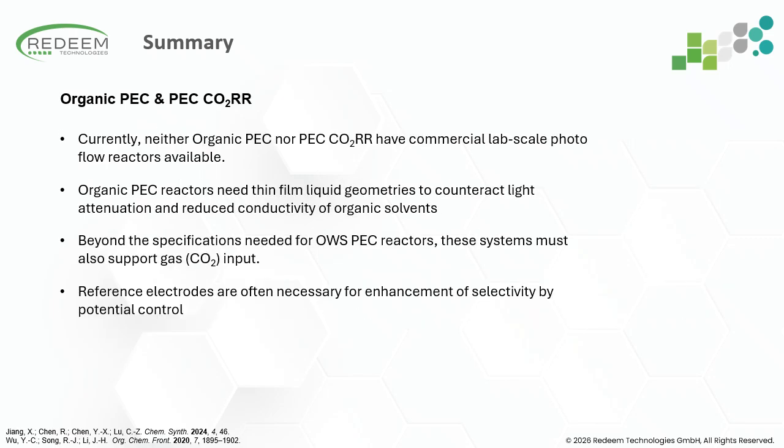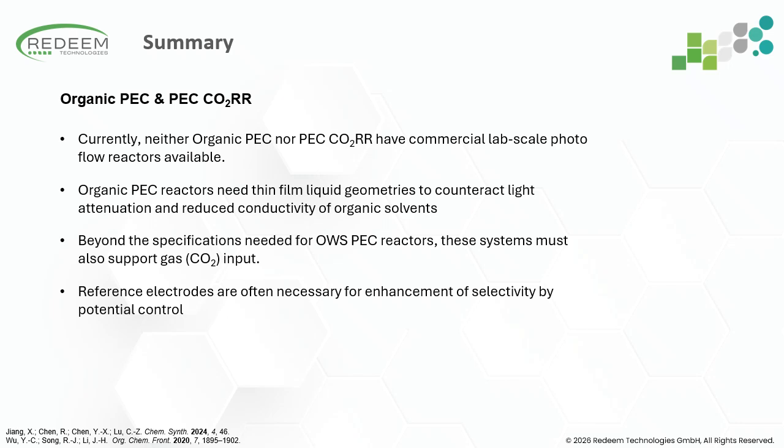On the other hand, organic PEC and PEC CO2 reduction are both still emerging technologies, and there are no standardized photo flow reactors. Organic PEC requires primarily thin film reactor geometries to compensate, one, for the light attenuation, but more importantly for the low conductivity of organic solvents.